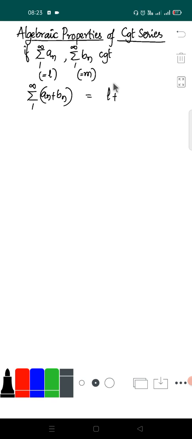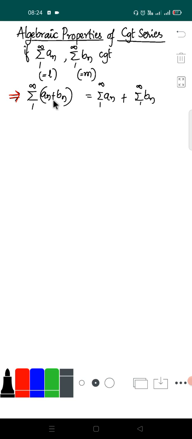That is nothing but summation an 1 to infinity plus summation bn 1 to infinity. This is only possible if this condition is satisfied.